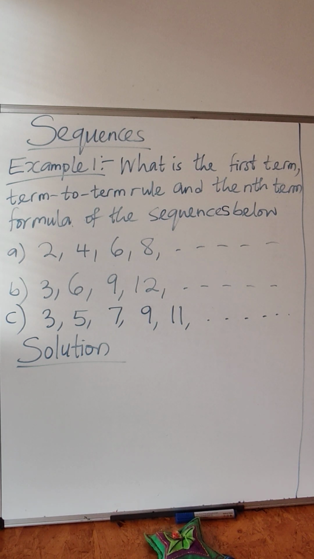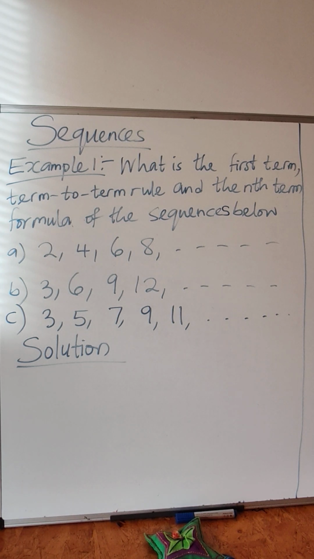So we have the first term, which is the starting point, and the term to term rule. The other important one is the nth term formula of a sequence, which is the rule that connects the terms of a sequence to their position in the sequence.